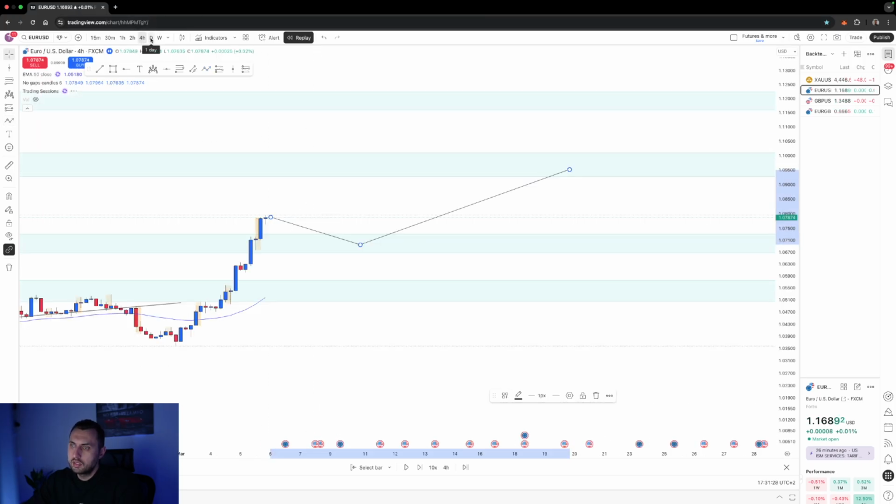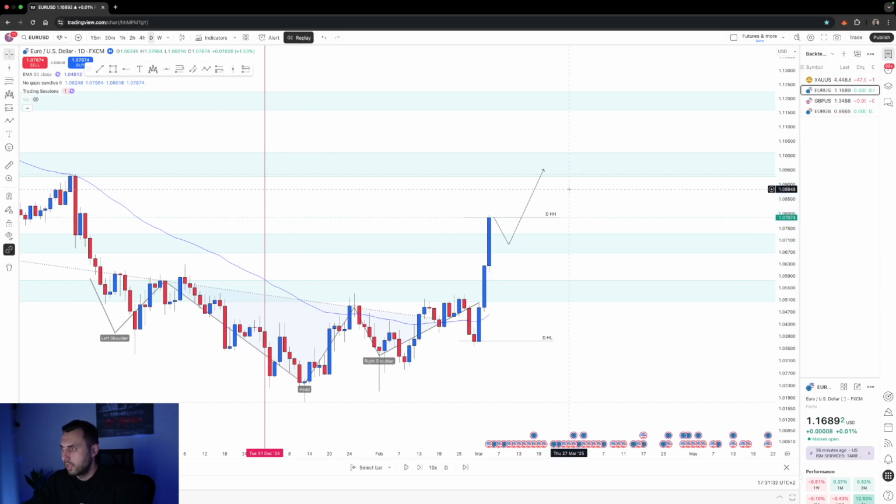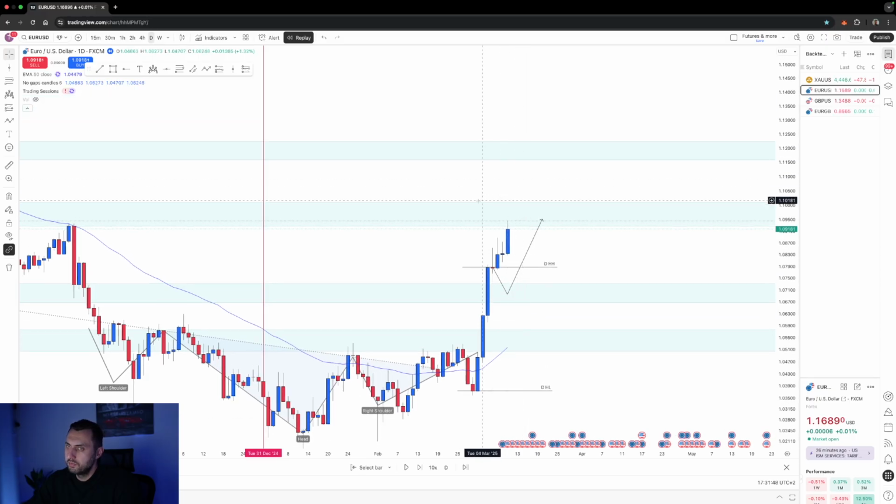And let's see on the daily what the price will do. We can see the first rejection here, but then it's not a rejection anymore. Let's see. No, the price got into the next resistance level, and now it started to push down.